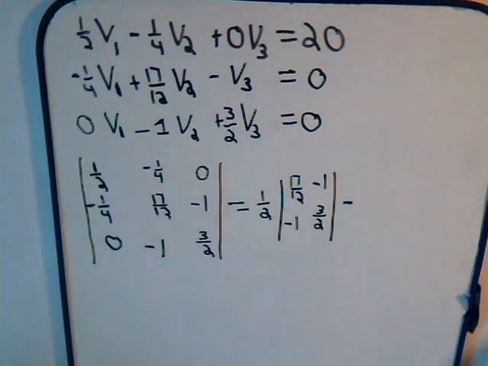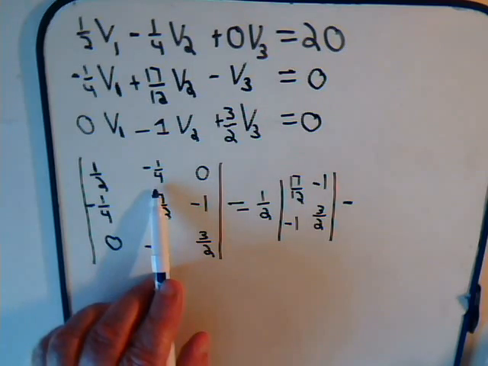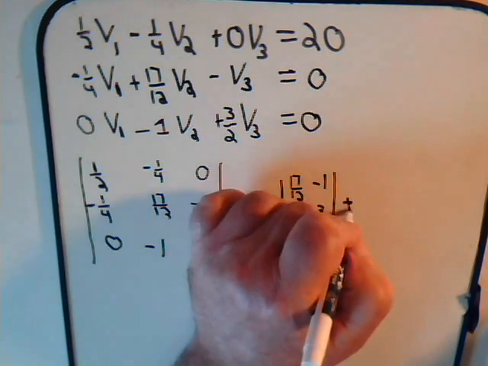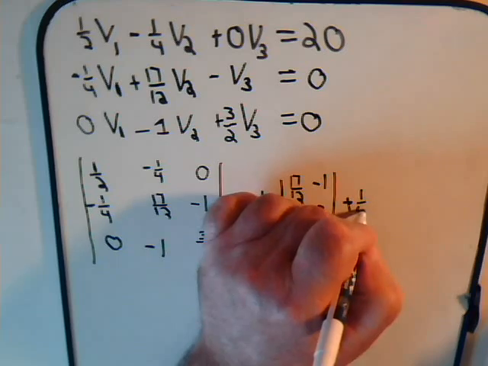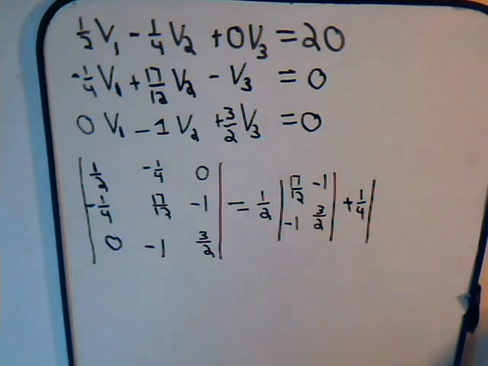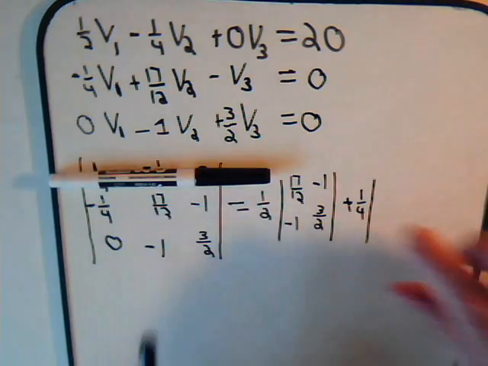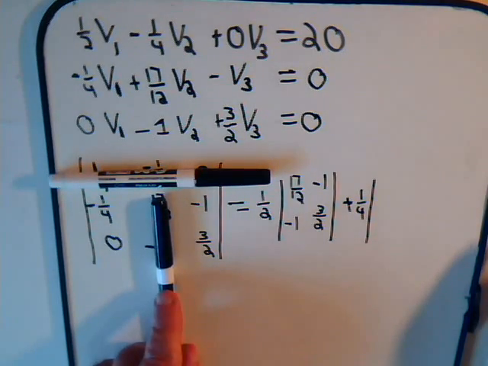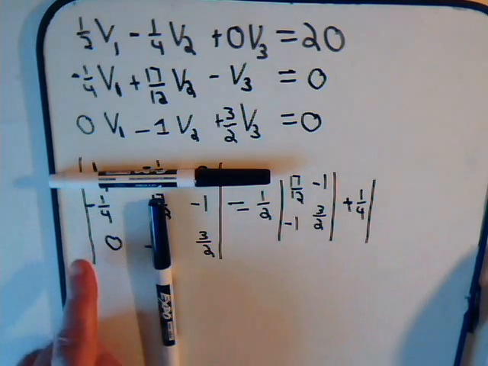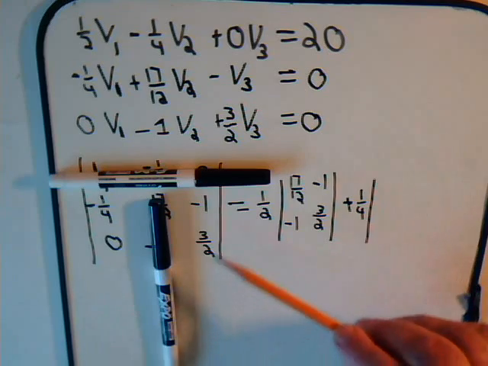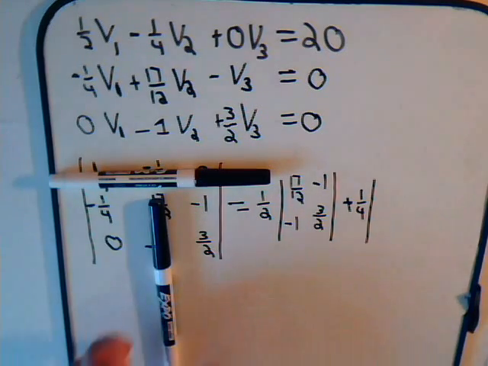Minus the next number in the row, that's -1/4, so that becomes plus 1/4 times this 2 by 2 determinant. Again, cover up the row and the column that 1/4 is in, and we have -1/4, 0, and -1, 3/2.